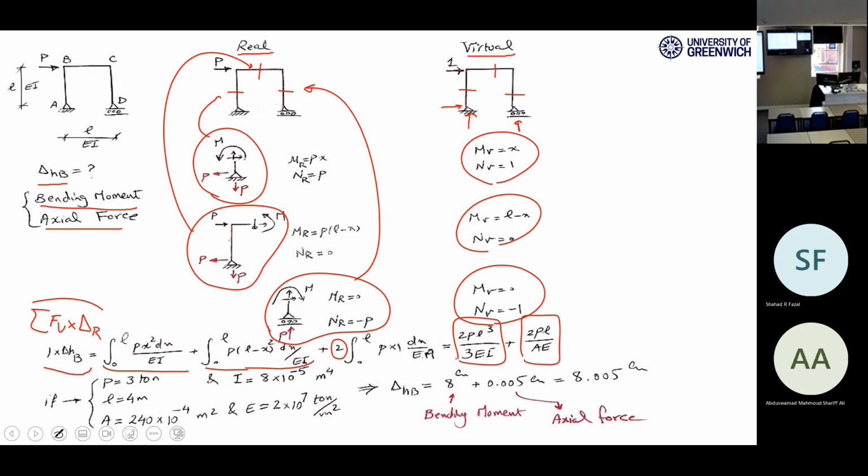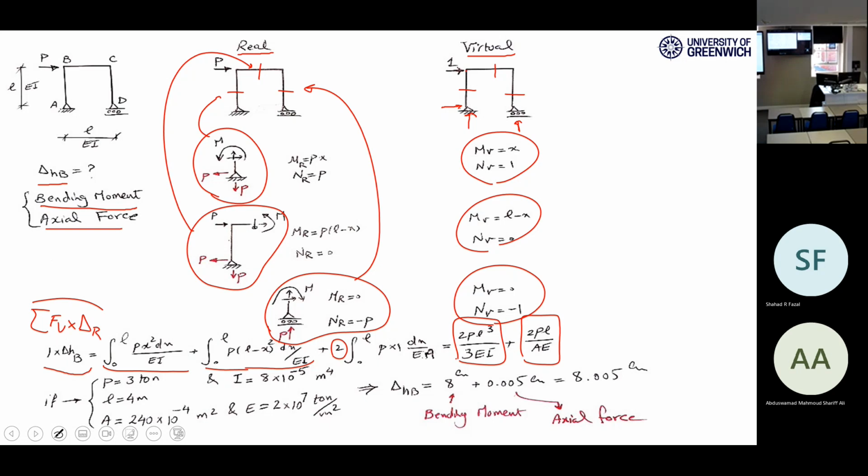So the problem is solved, and we know that this is parametric, but we know that this is the contribution of bending moment, and this is the contribution of axial force. But I cannot go further unless I have some numeric values for the parameters, okay? Just to have some sense about the results, I just assumed some values for the forces, lengths, cross-section area, and modulus of elasticity, whatever you need.